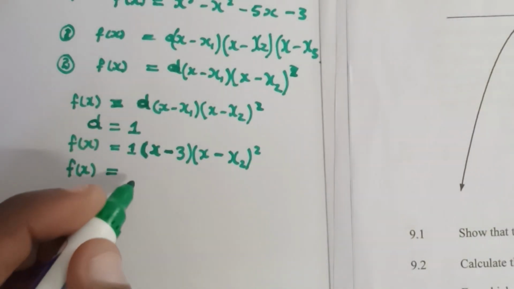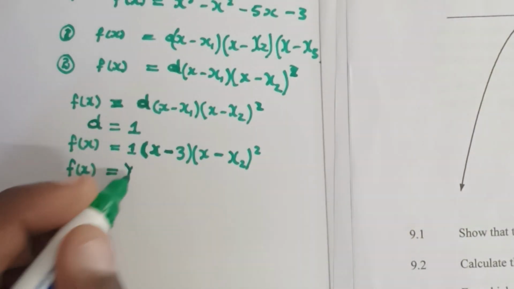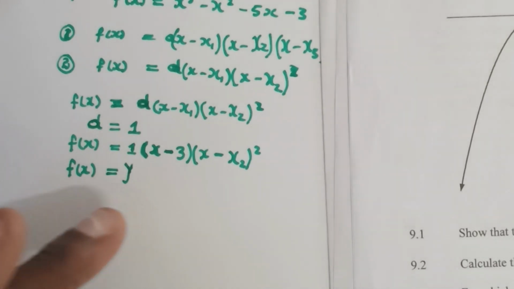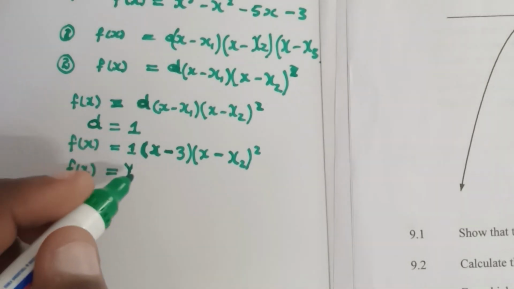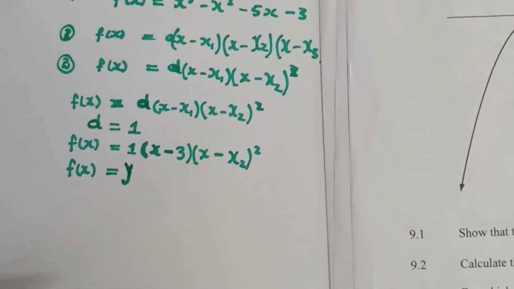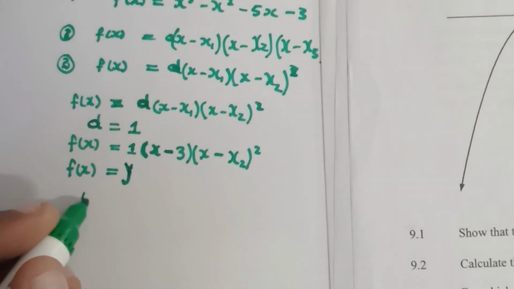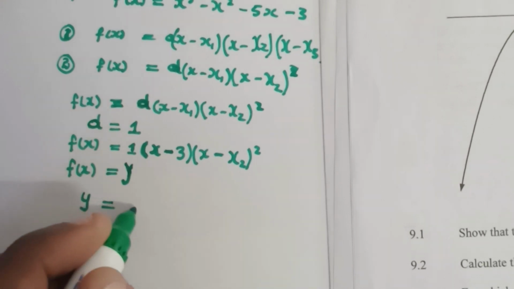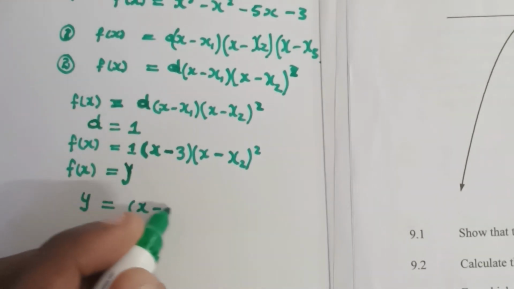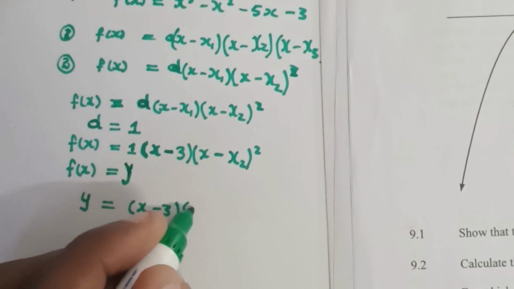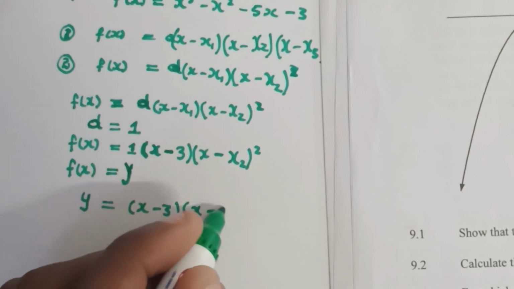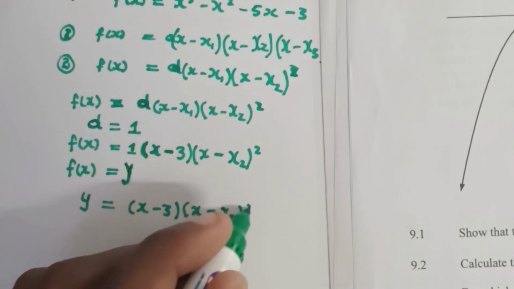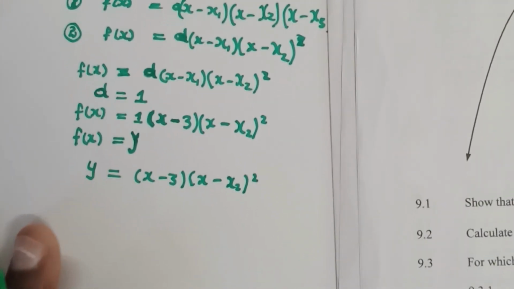So f of x is also equal to y. You can represent f of x by y, but also you can represent y by f of x. So now we can just say here y is equal to x minus 3 into x minus x2 squared. Hope you all see that.